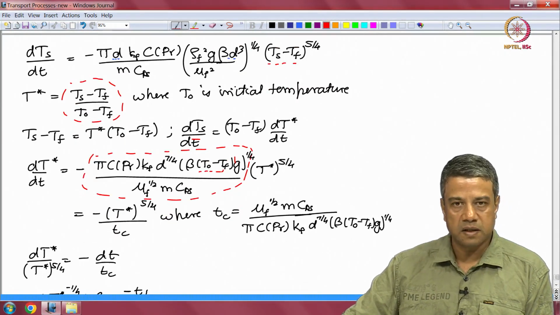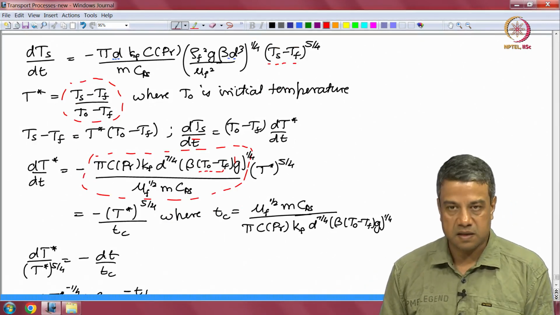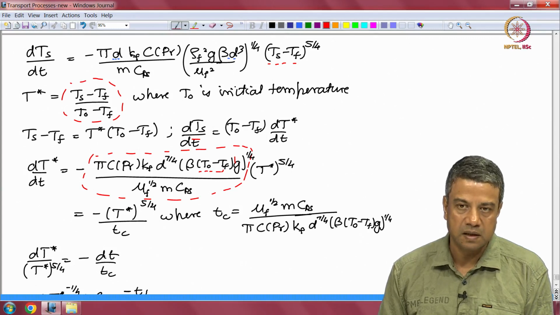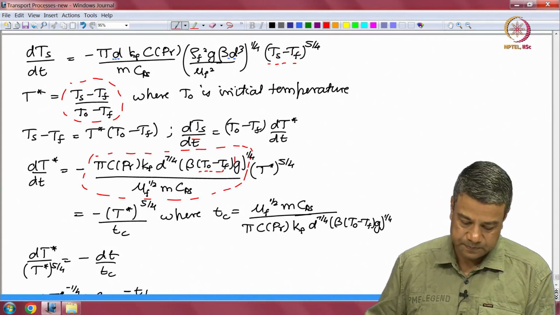And the approximation that we are making in this case is that this is the instantaneous Nusselt number. That is valid when the diffusion time scale is much smaller than the time scale for the variation of temperature.